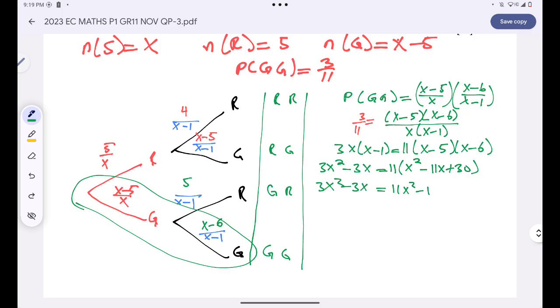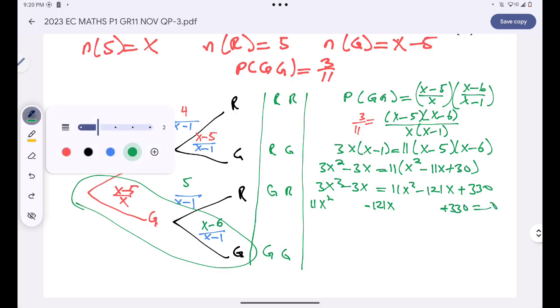It is negative 121x, and then 11 times 30, which is 330. And now I just need to take everything to be on one side. I would have 11x squared minus 121x plus 330 is equal to 0.